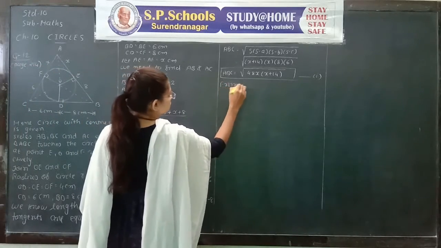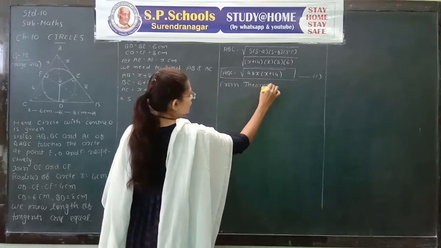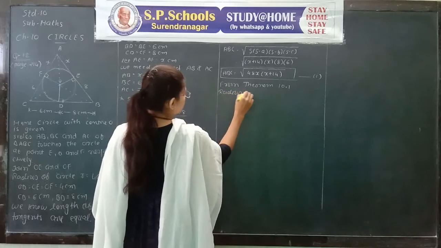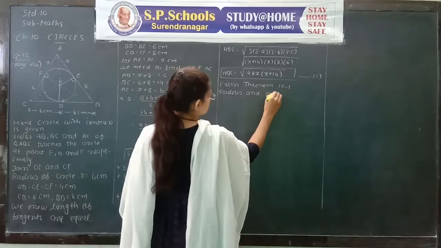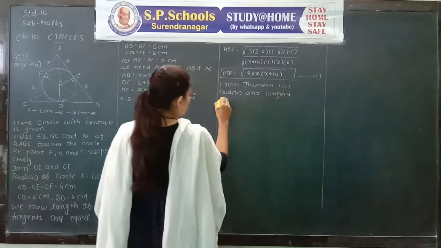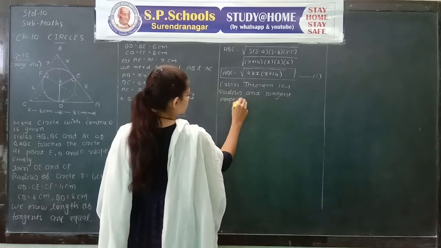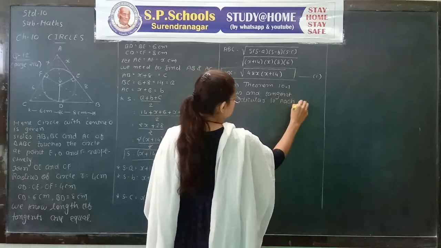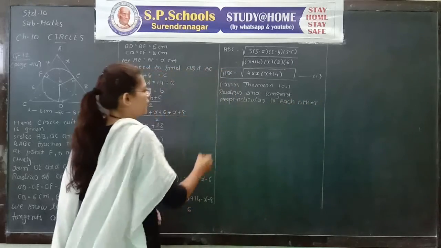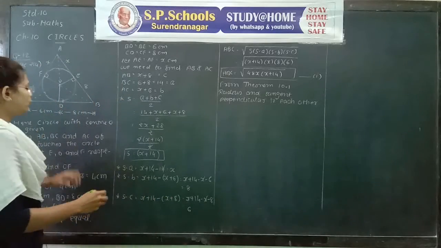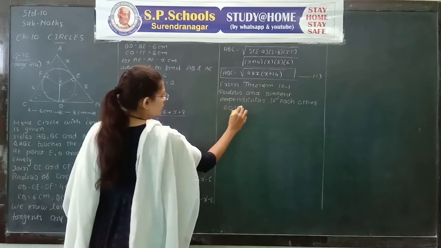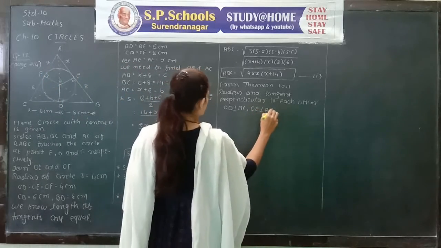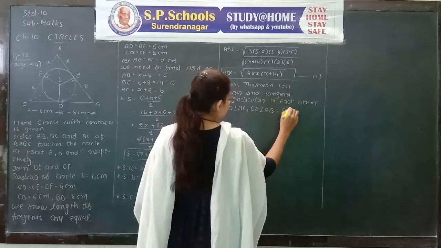From theorem 10.1, the radius and tangent are perpendicular to each other. Therefore, OD is perpendicular to BC, OE perpendicular to AB, OF perpendicular to AC.